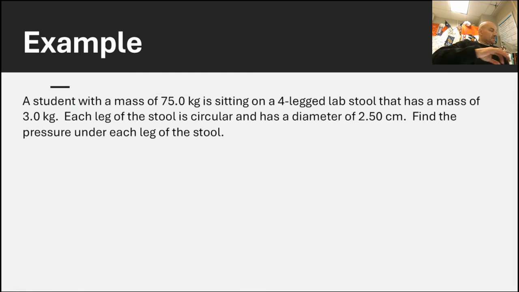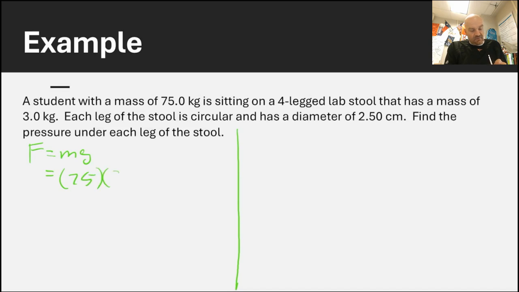All right, so we have a student with a mass of 75 kilograms sitting on a 4-leg lab stool, which has a mass of 3 kilograms. Each leg of the stool is circular and has a diameter of 2.5 centimeters. Find the pressure under each leg. Okay. And so what we do is we find how much force the student is putting on the stool by just finding their weight, because that is the force being exerted.